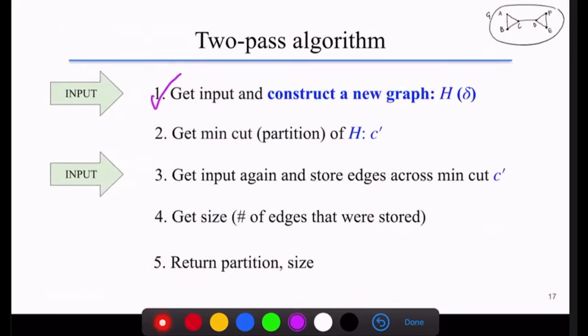So what we might say is, hey, okay, I'm just going to run some min cut algorithm on H and then get a min cut, say C prime, where C prime is the min cut of H. And then in this third step, we store the edges across this min cut C prime and then return the partition and size that way.